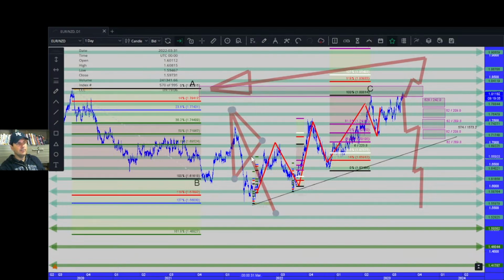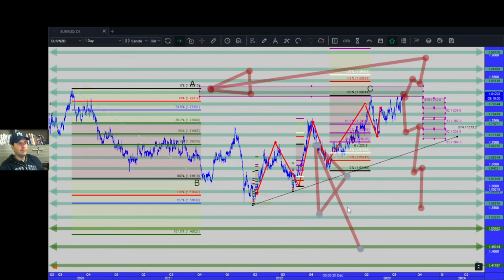If you understand how the Fibonaccis work, you would be buying in here, make sense? You wouldn't short. You could try, but probability wise, you would go long, you would buy.